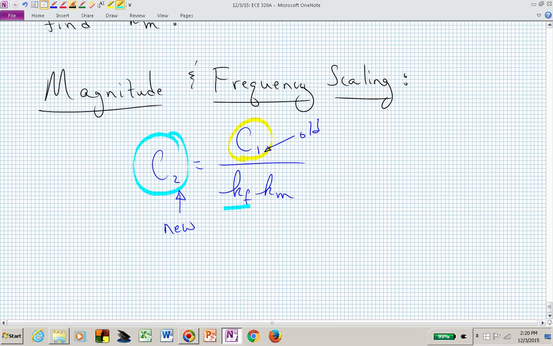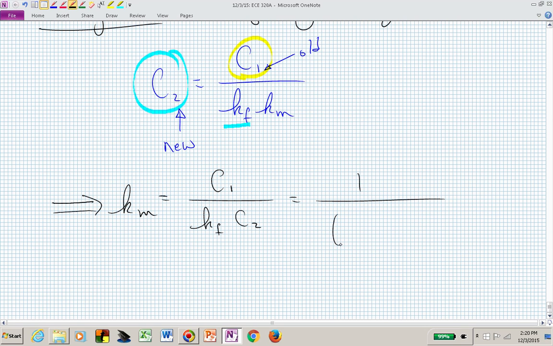We can now solve for K sub m in terms of all of the known parameter values, so that now K sub m is C1 over K sub f times, again in the denominator, the product K sub f times C sub 2. Again, C sub 1 was 1, K sub f was 628.3, and C sub 2 was 1 microfarad.